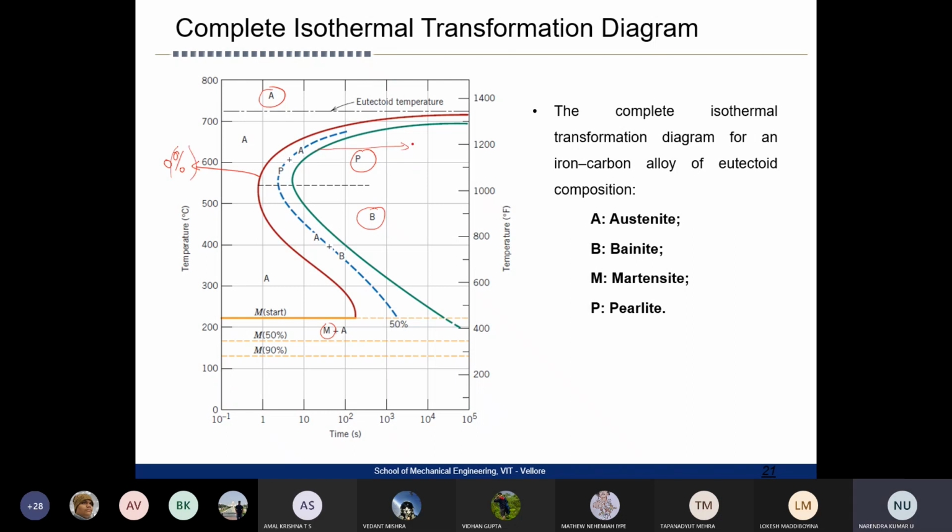The green one is 100%, once it is completed, and the blue one is 50%. In between blue and red it is 25%, and between blue and green it is 75%. If you are doing any transformation within this zone, you end up in pearlite. If you do anything between 550 to 200, you end up in the bainite phase, and below that you end up in your martensitic phase.